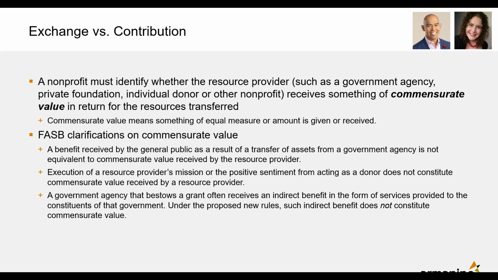So now it's not a slam dunk. For a long time, a lot of us just said, okay, government grant, automatically exchange transaction. There's no evaluation done about, is this a multi-element arrangement? Is it a contribution? What's the nature of that grant? So I think now that has to go back on your radar.